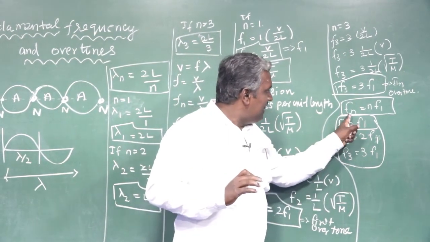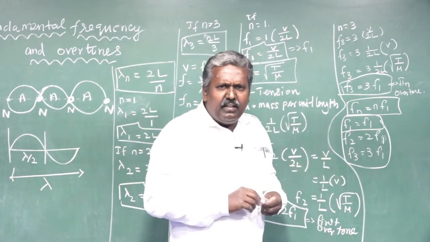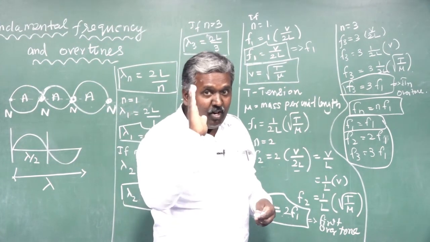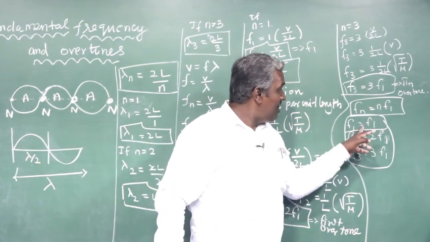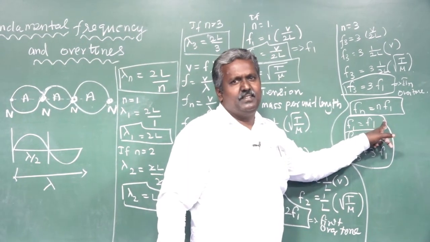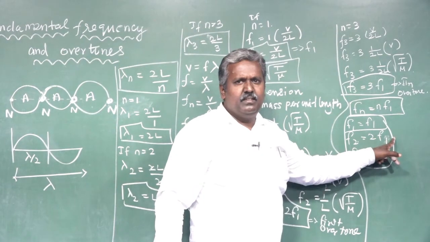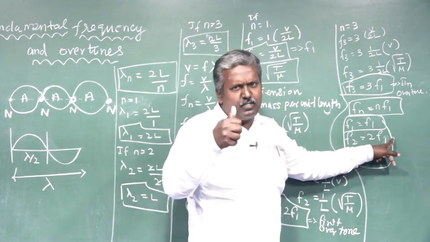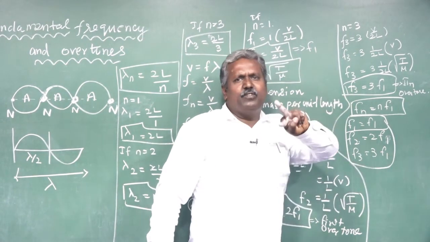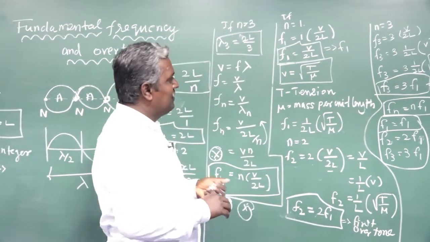So fn is equal to n f1. That is called a harmonic, not overtone. What will be the name of this? First harmonic, the fundamental frequency. Second harmonic, but first overtone. Third harmonic, but second overtone. Clear? Very simple to read this.